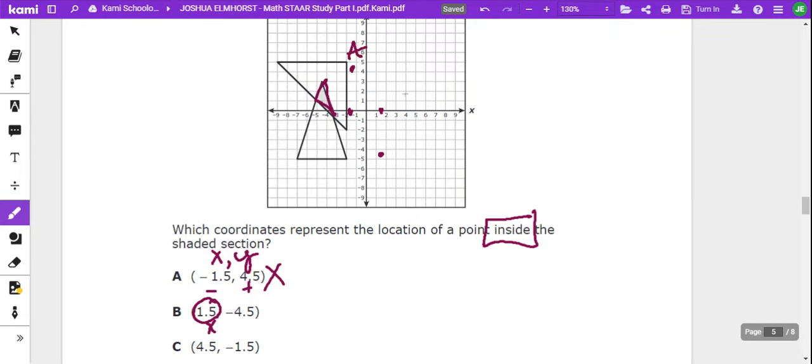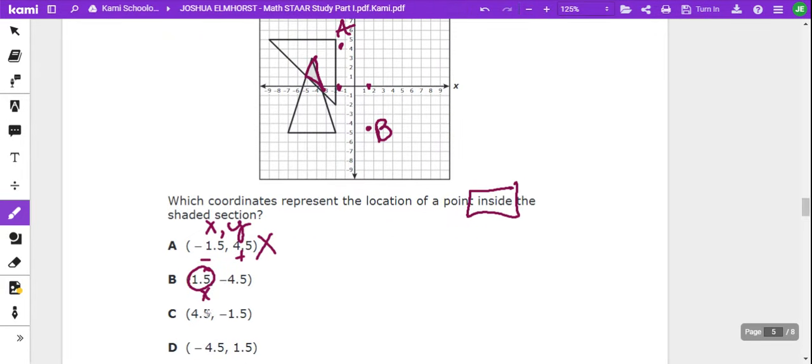Okay, so this is point A, this is point B. And then we have positive x, which is going to go all over here to 4.5, and then negative y, which is going to go down negative 1.5. That's point C. And we have negative 4.5, going to go negative, and then positive 1.5. So that is point D. So by the time you take a look at that, you can see where it is located.